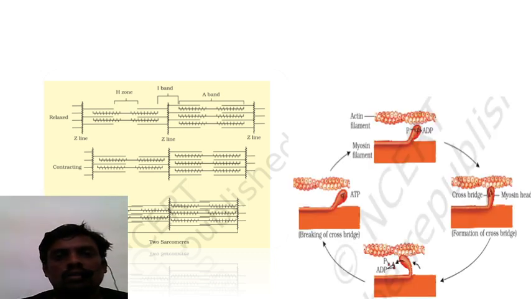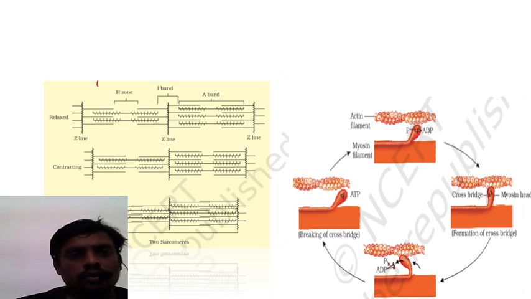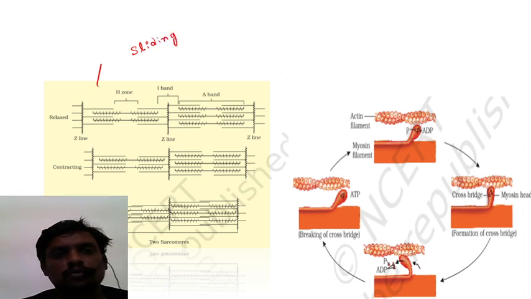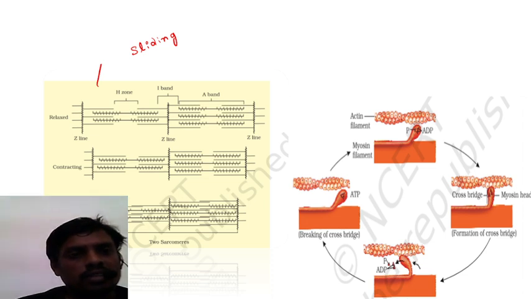Now, we have a diagrammatic representation for that. In this diagram you can see slides which are overlapping on the other surfaces. This first diagram is the best example for sliding filament theory, and it helps to understand the process of sliding filament theory. In this theory, 3 steps are there.